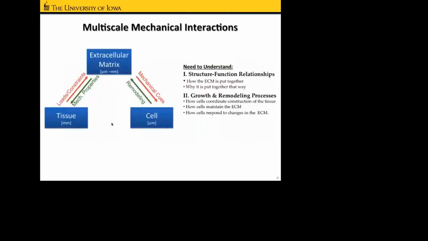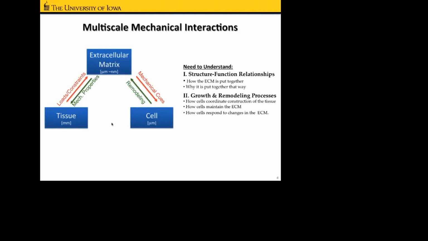In this simple schematic, you can see these ideas laid out, showing the tissue, which exists on the millimeter or centimeter scale, the loads and constraints that may be applied to it that are transmitted into the extracellular matrix, which can exist at the micron or nanometer scale, how those forces and mechanical cues are experienced by the cell, which can result in matrix synthesis or degradation, which again changes the matrix composition and organization, and hence the tissue properties.